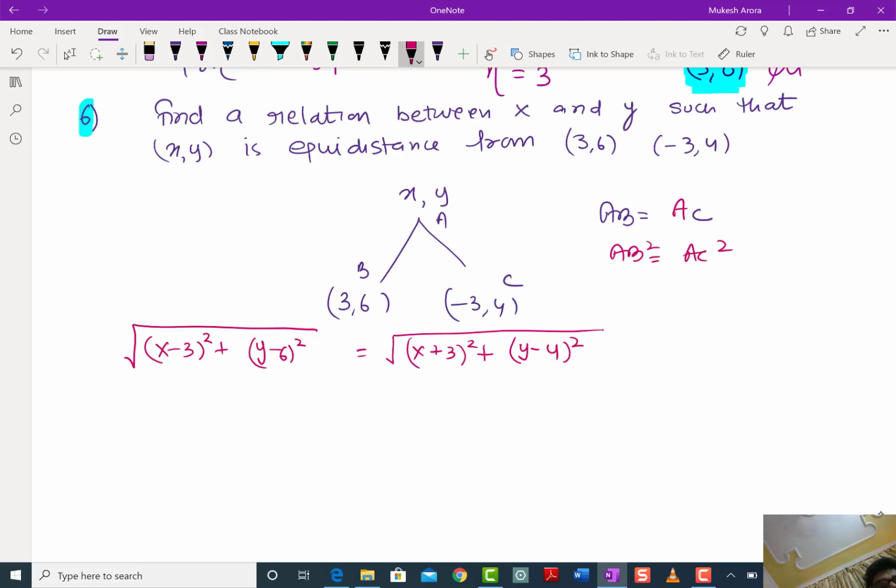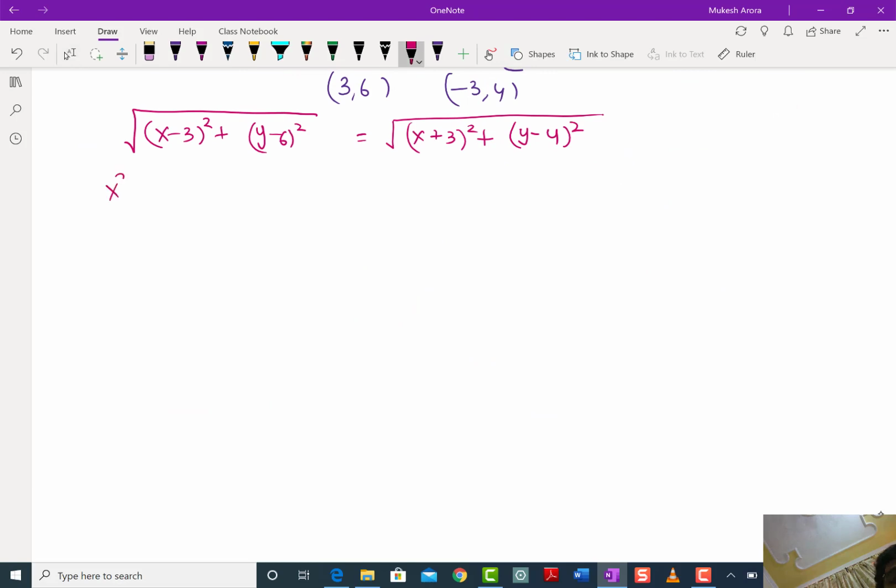We'll open it. That will be x square plus 9 minus 6x plus y square plus 36 minus 12y is equal to x square plus 9 plus 6x plus y square plus 16 minus 8y.